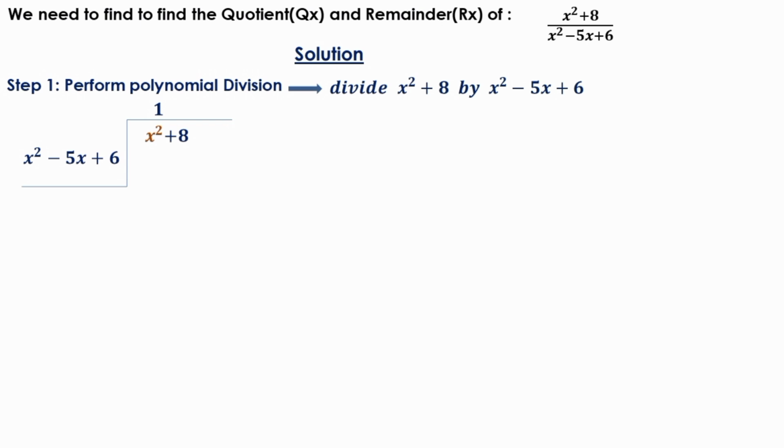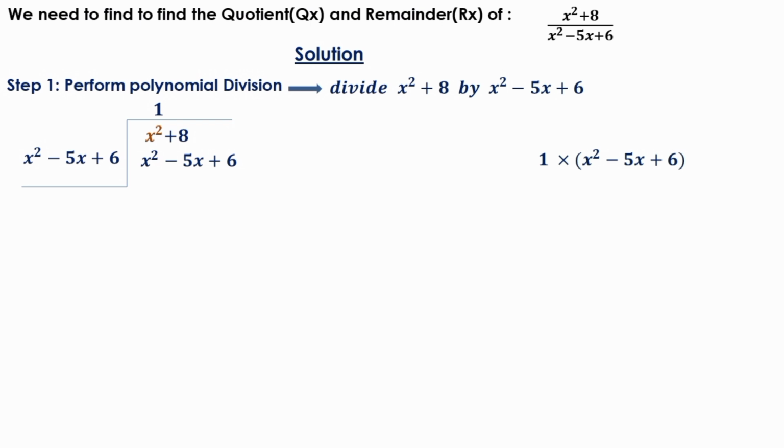Now the next process is to multiply this quotient, this 1, with the divisor. So that will give us what we are going to place inside this operator next. That will be 1 times x squared minus 5x plus 6. That is identical, so it will give us the same thing back. So that will be x squared minus 5x plus 6.